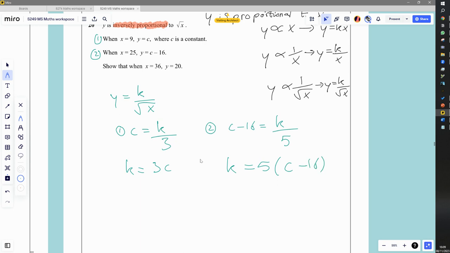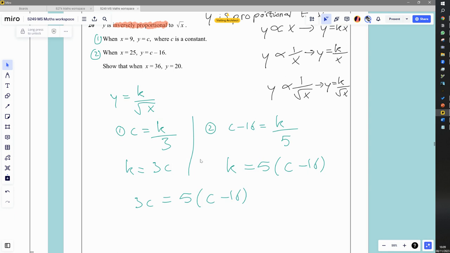So this is our new equation 1, this is our new equation 2, just rearranged, and they have k as the subject, which means they're both equal to each other. If k is equal to that and k is also equal to that, then that is equal to that. So 3c, let's drag and drop. So we've got 3c is equal to 5c minus 16.